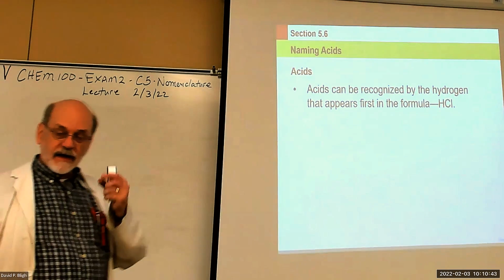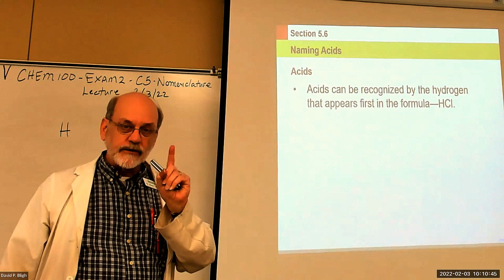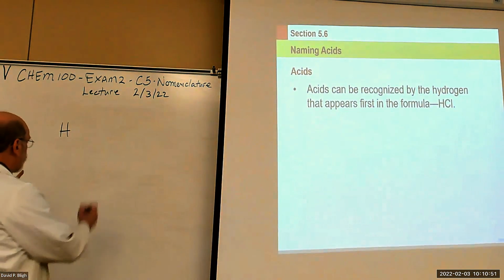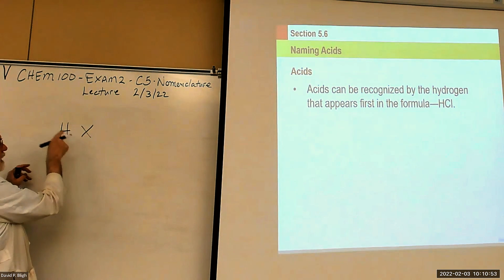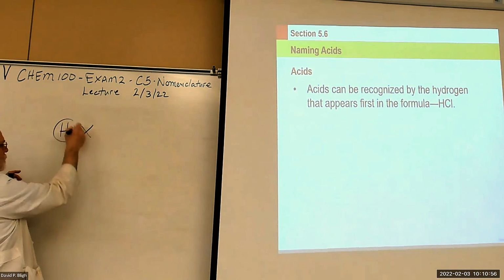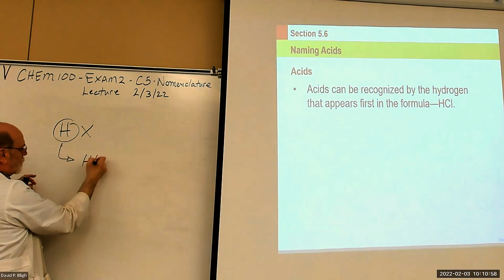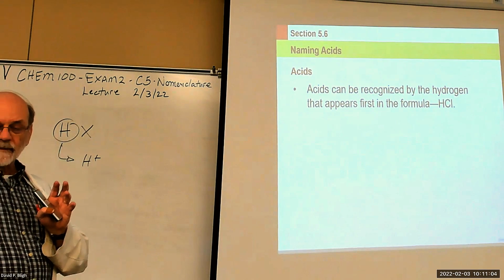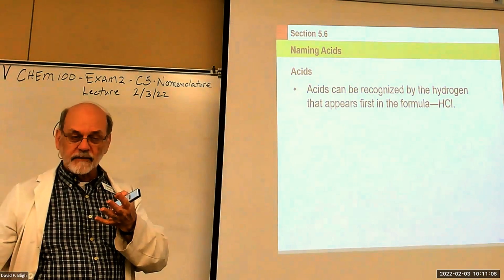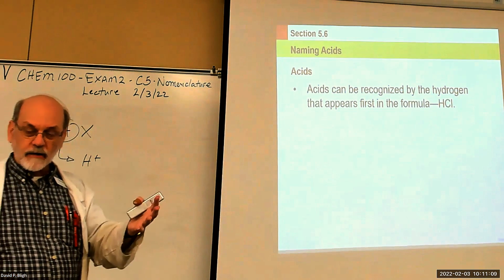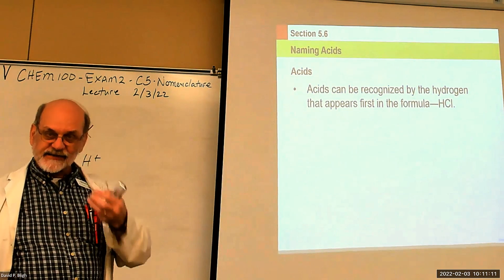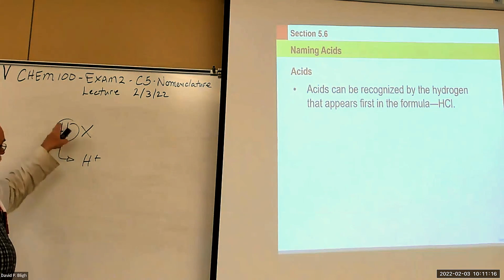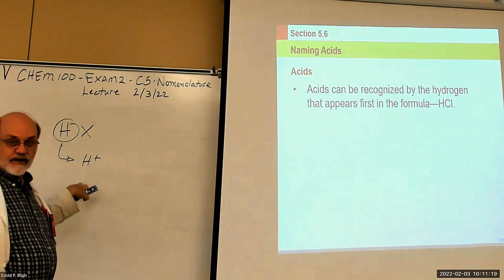We always write it with a hydrogen first. Now, why do we put the hydrogen first? Because whenever we combine it with something else, this hydrogen dissociates from the molecule. And in aqueous solution, in water, that hydrogen goes into water, and that's what forms the acidic nature. So we put the one first that can dissociate.